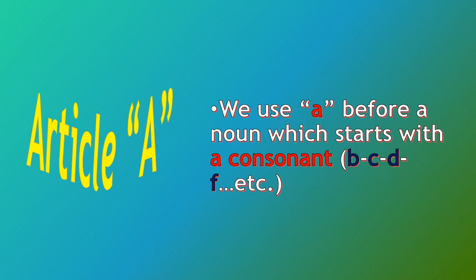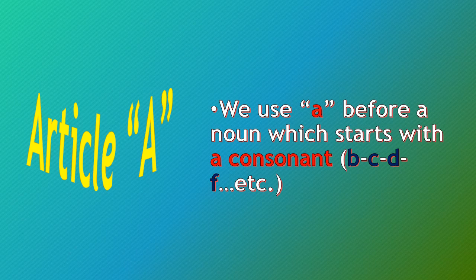We have 5 vowels and 21 consonants. For example, when we say banana, banana is singular. It's a noun, singular, starts with B, so we say a banana.